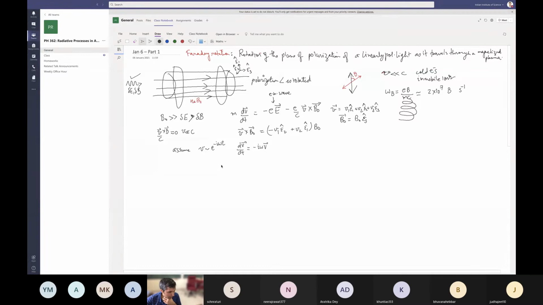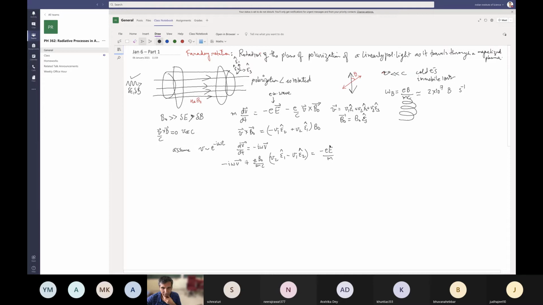So minus I omega V plus E B naught by MC V2 epsilon 1 hat minus V1 epsilon 2 hat. I'm just writing this equation of motion, is equal to minus E E by M. And now E is in the transverse direction.